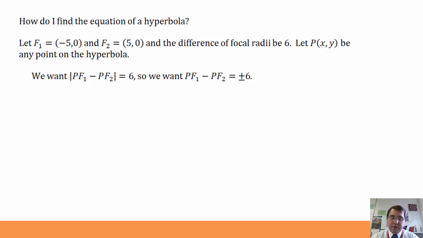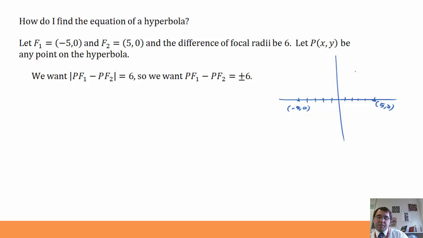How do I find the equation of a hyperbola? Well, if my two foci, let's say, are (-5, 0) and (5, 0), and the difference of focal radii is 6, it means I want all the points whose difference of distances from those two foci is always 6.